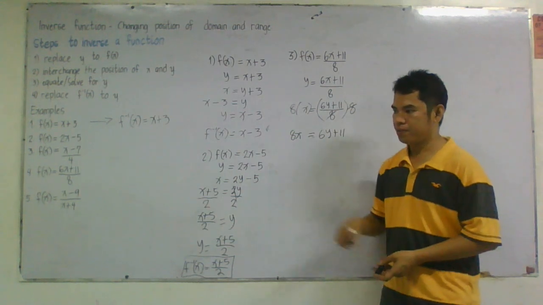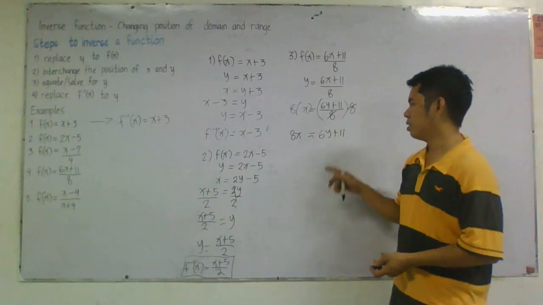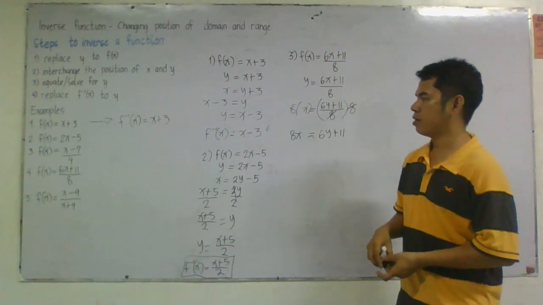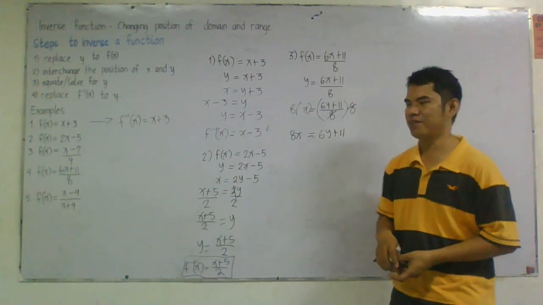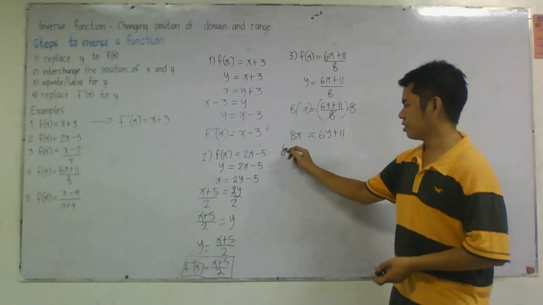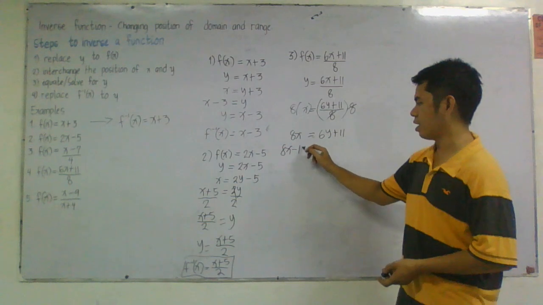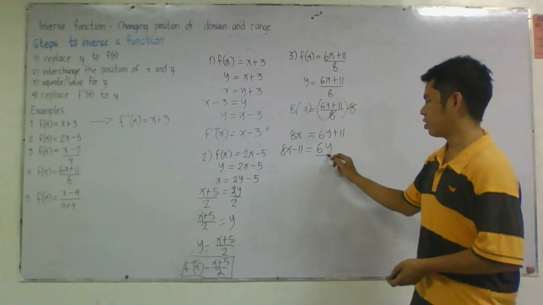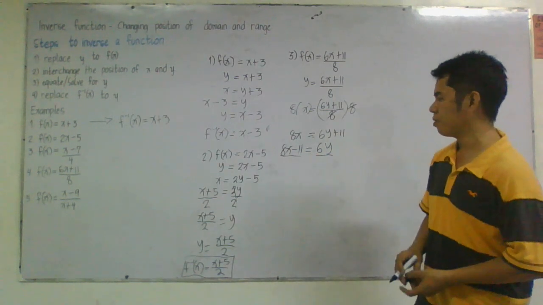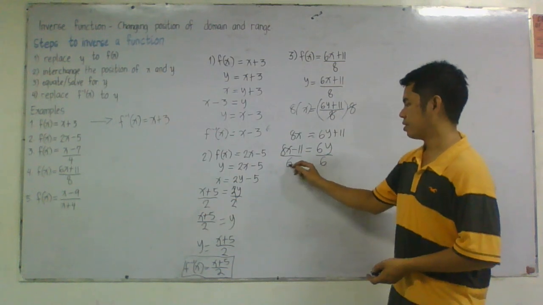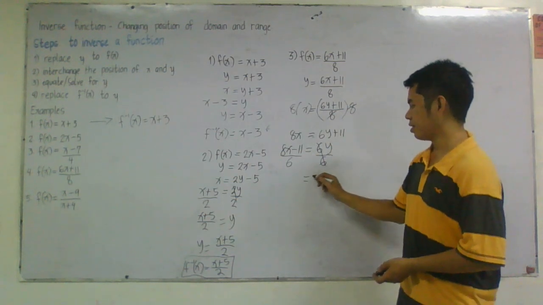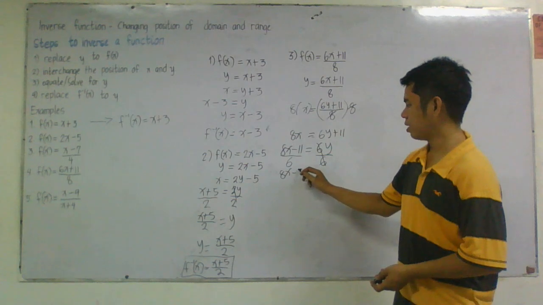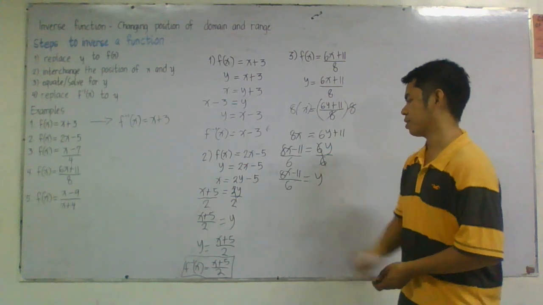But since we used transposing, that is 8x minus 11 is equal to 6y. So to solve for y, we have to divide both sides by 6. So we can cancel 6. That is y is equal to (8x minus 11) over 6.